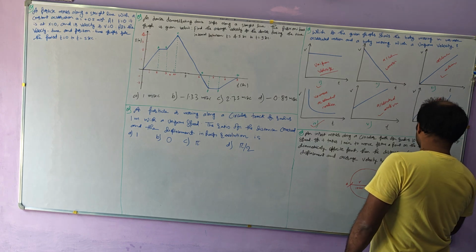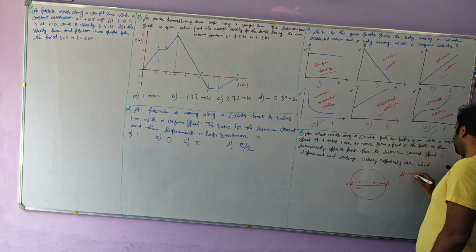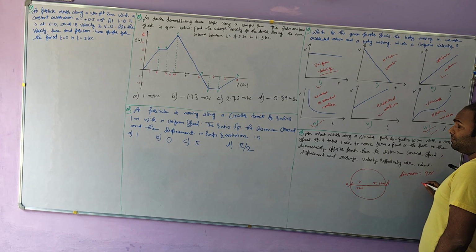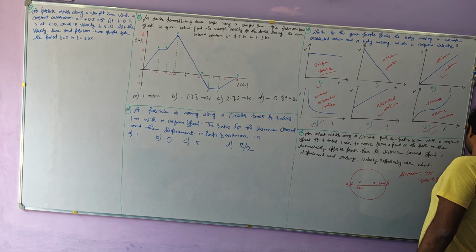Then diameter is 2r, that becomes 2 into 10, that is 20 centimeter.